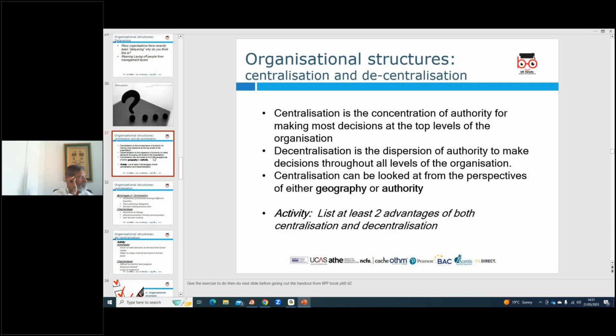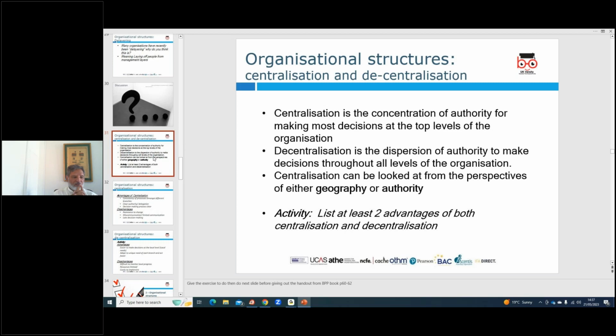Okay, centralization. And decentralization is giving the responsibility to local units, according to the local circumstances, according to the local needs of local people. When we're talking about centralization, we're talking about bigger organizations where everything is decided at the top in terms of services provided.